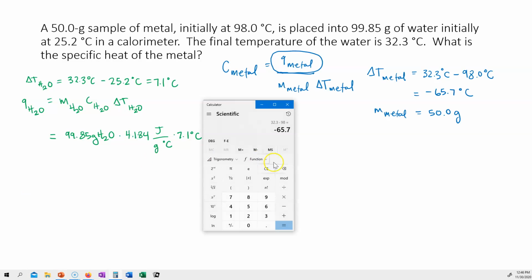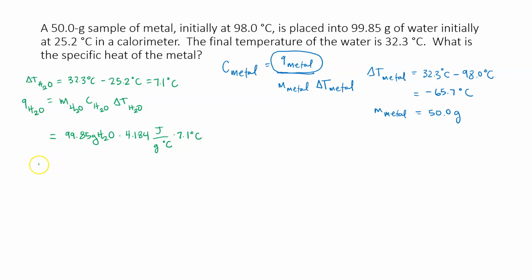Let's see if I can put these numbers in the calculator correctly this time. 99.85 times 4.184 times 7.1. We get 2,966 joules. So my Q of the water is equal to 2,966 joules. And then the Q of the metal is equal to the negative Q of the water, which is negative 2,966 joules.